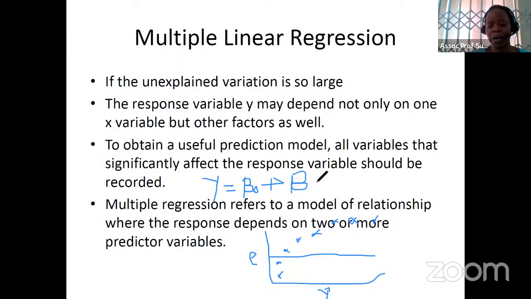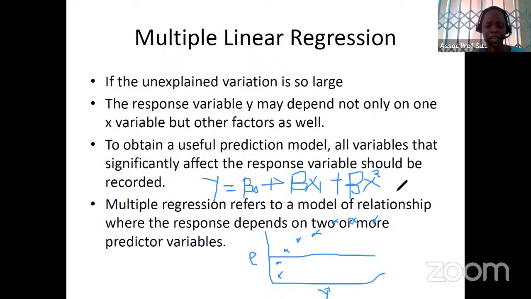So this is our slope for the linear term. Then if you want to fit a quadratic, we are going to have our independent variable squared.